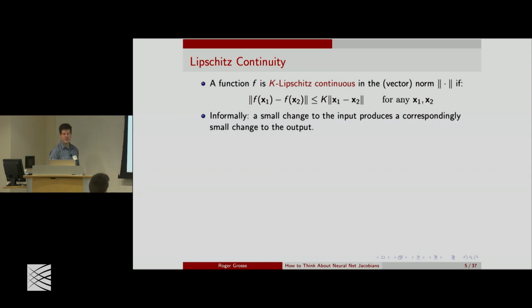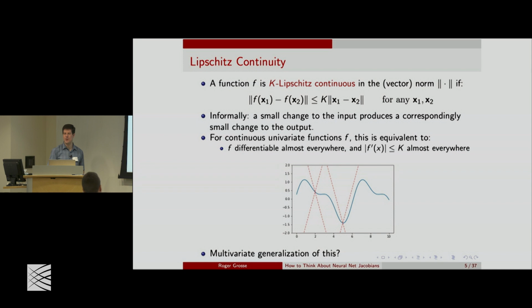So the function is k Lipschitz if this is true for any two inputs for a single value of k. And in measuring the distance, we have to define a norm. So probably the most common one would be the Euclidean norm. But in neural nets, we sometimes have reason to think about other norms. For example, the infinity norm, and I'll remind you what that is in a bit if you've forgotten. But basically, it's just saying that a small change to the input should cause a correspondingly small change to the output.